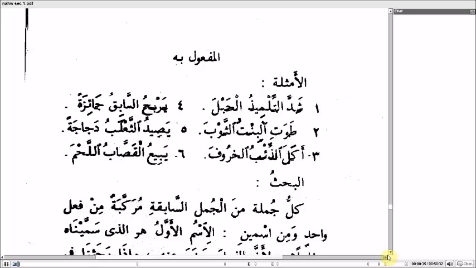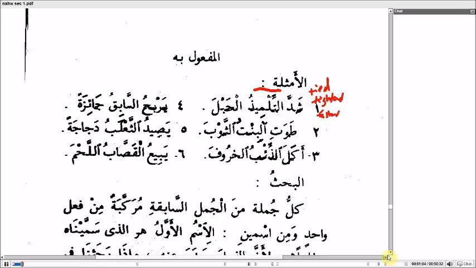I'll read the first one. Shadda al-tilmidhu al-habl. The student tied the rope. Shadda, tied or tightened. It could be fastened, right?